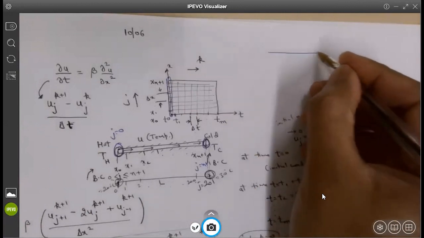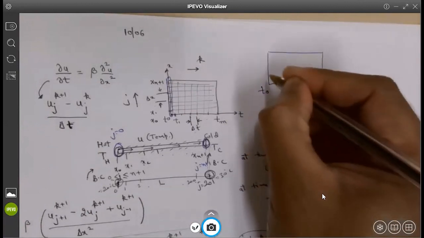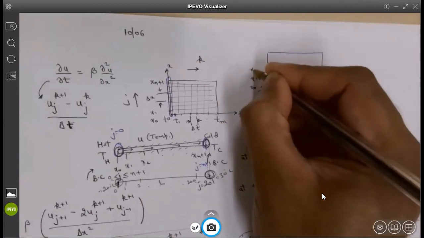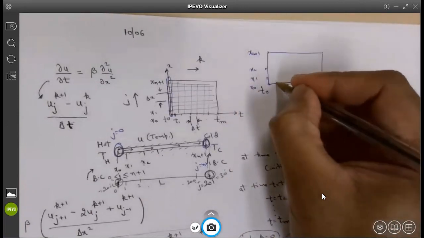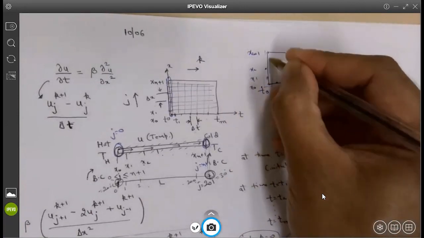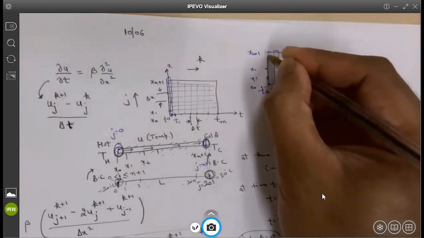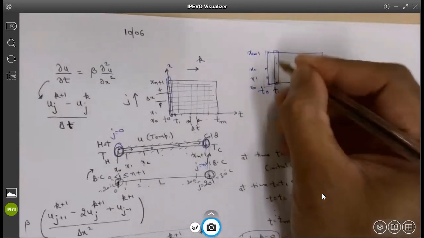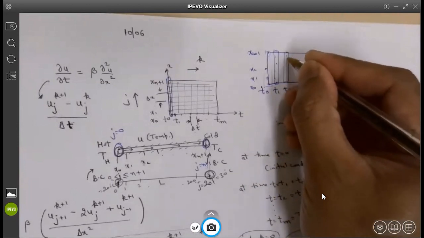So if this is my grid, this is T0 and this is X0, X1, X2 till X201. You are already given the initial conditions, but what you are solving for is all the values in the interior. So at time T1, you are solving for the temperature distribution. At time T2, you are solving for the temperature distribution at all the grid points.